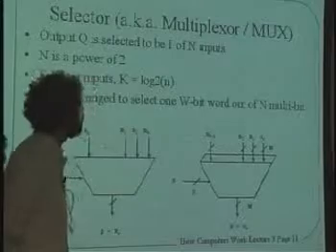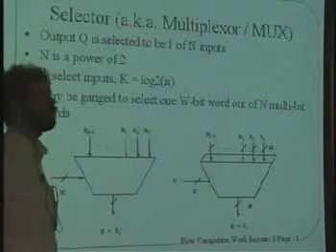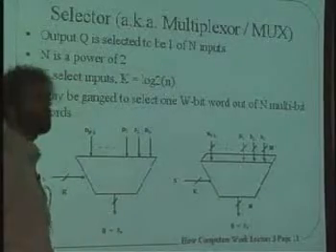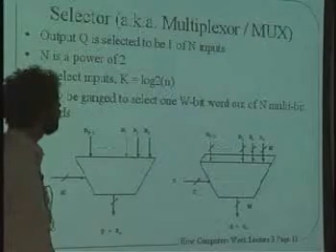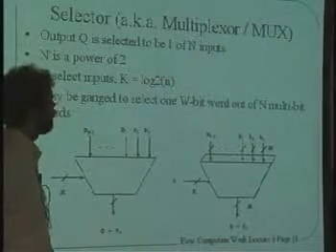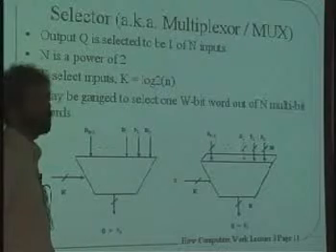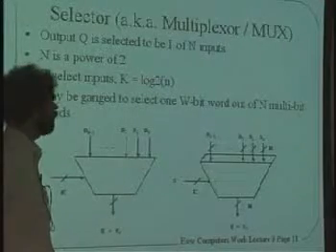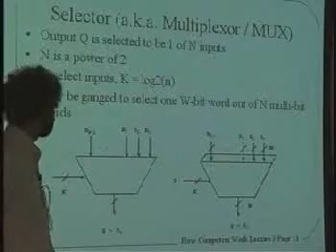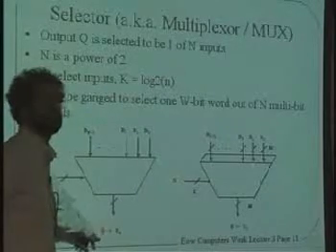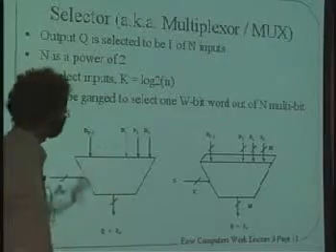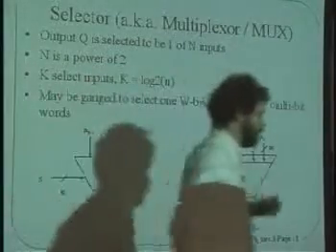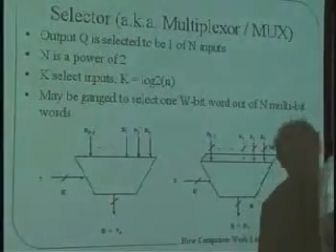Again, it's a combinatoric device, which means there's no clock involved at all. As soon as the data inputs are there, as soon as the selection is made on S, a short time after those data bits and selection get set up, the output will be produced over here on Q. So that's a way of choosing which piece of data we want to propagate forward.